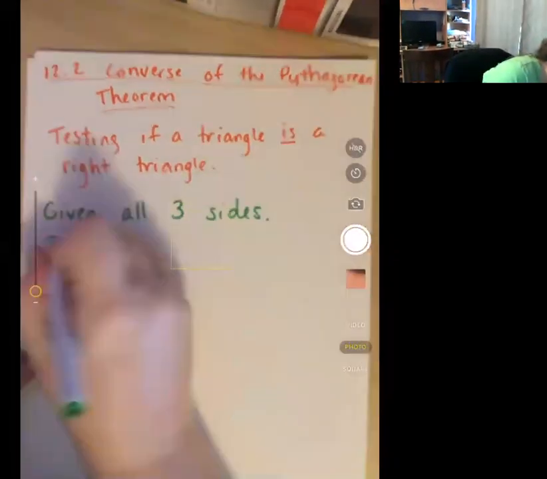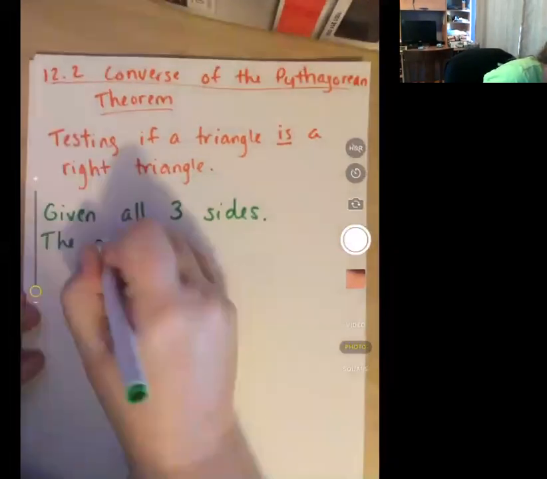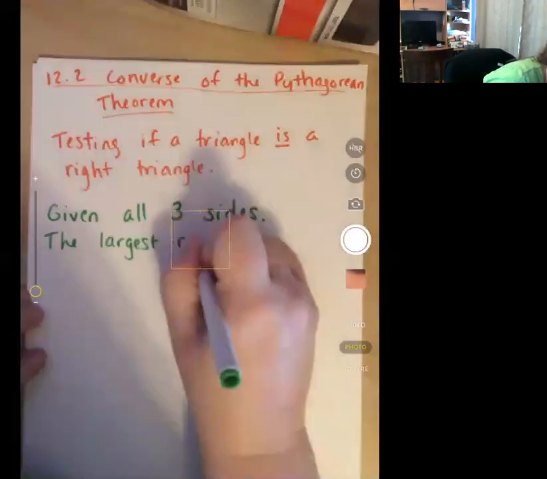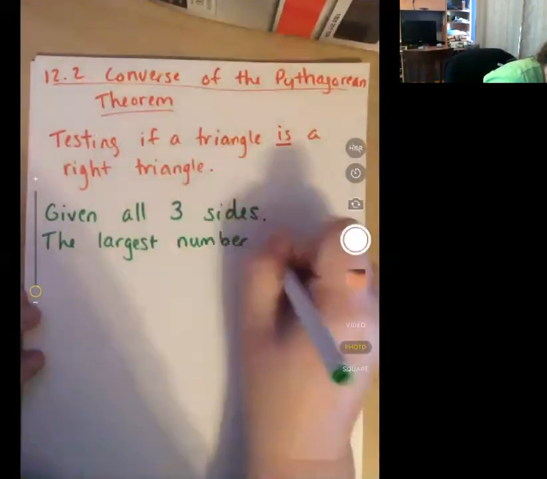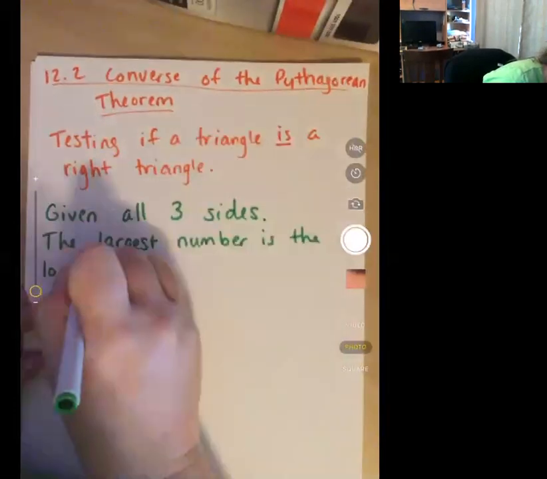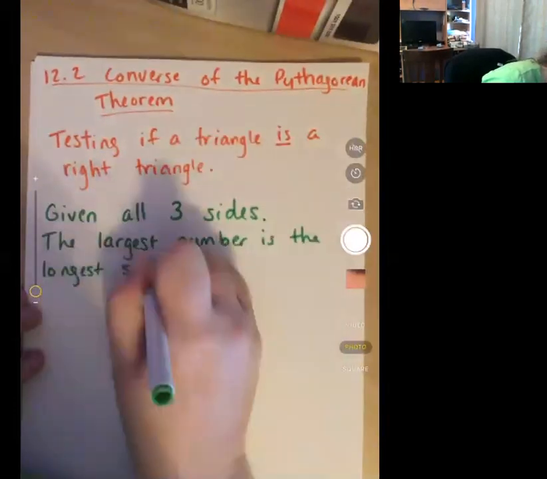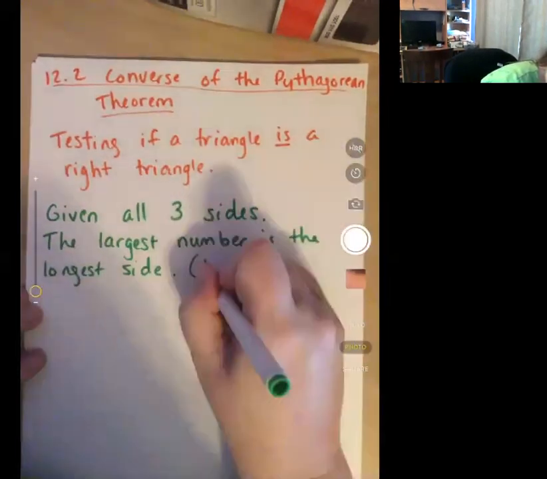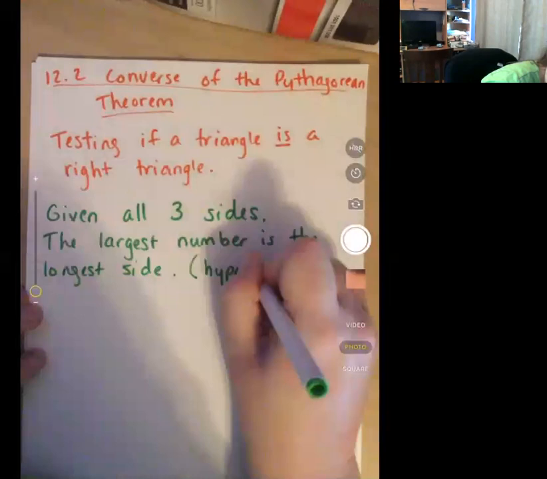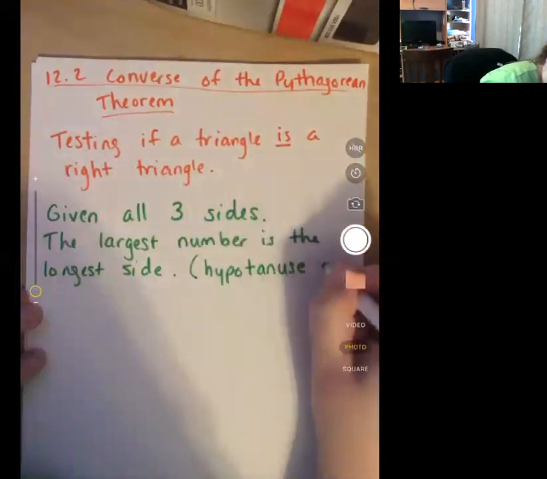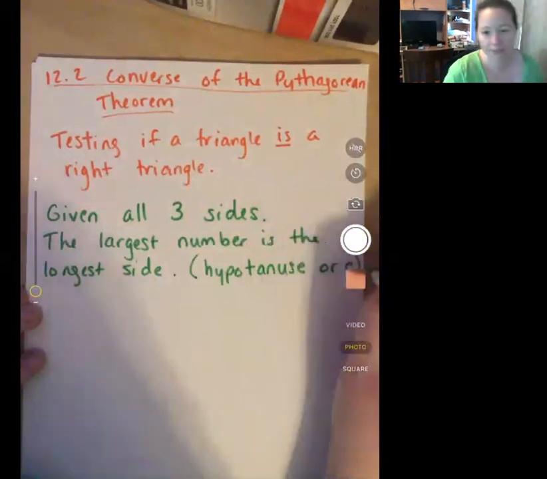The largest number is the longest side. So that would be the hypotenuse, or C. Okay?